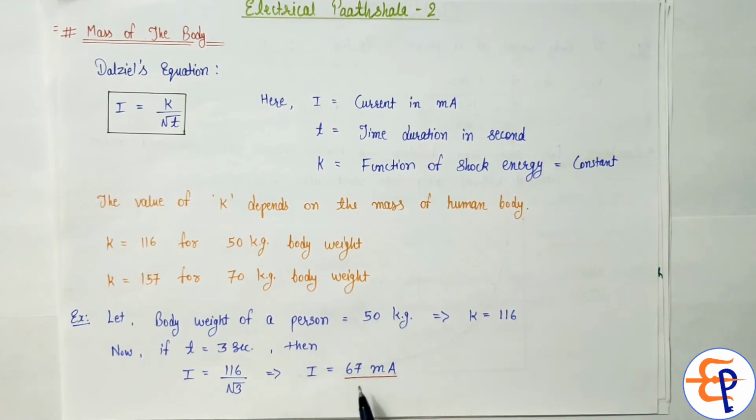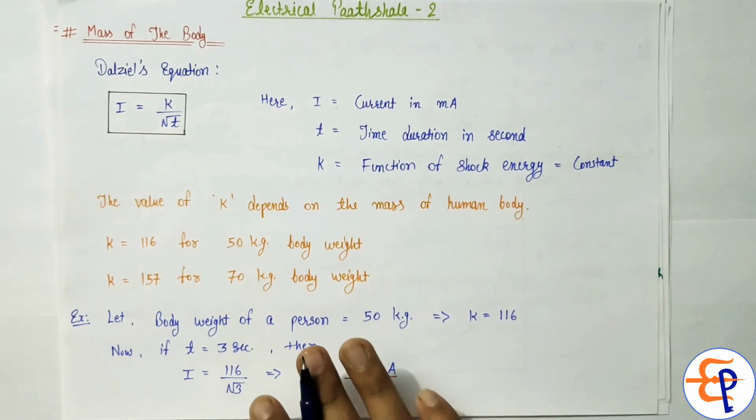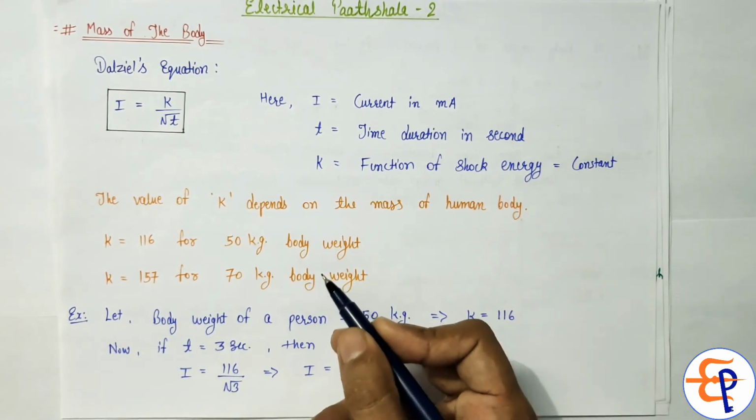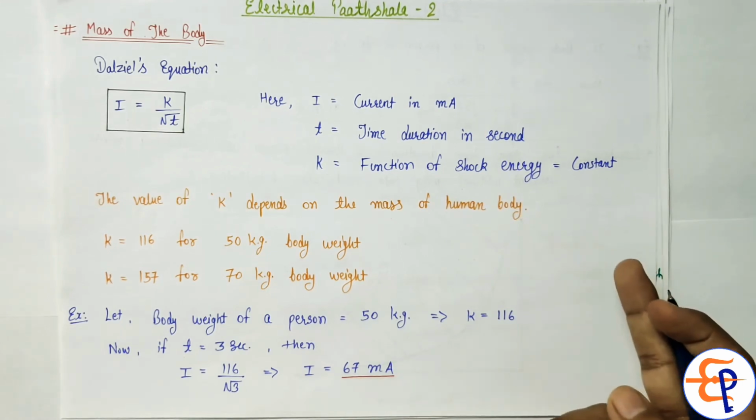So this tells us that a person whose body weight is 50 kg can withstand 67 milliampere current for 3 seconds through his heart without going into ventricular fibrillation. It means that if 67 milliampere current is passing through that person's heart for 3 seconds, then that person will not go into ventricular fibrillation. But if 67 milliampere current is passing for more than 3 seconds, then he will go into ventricular fibrillation.